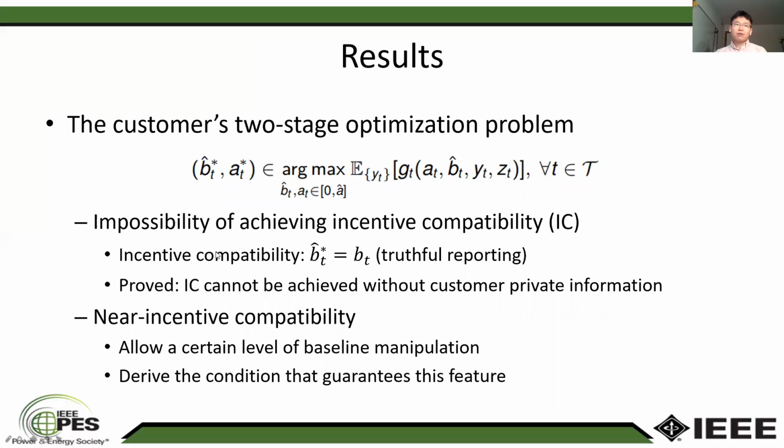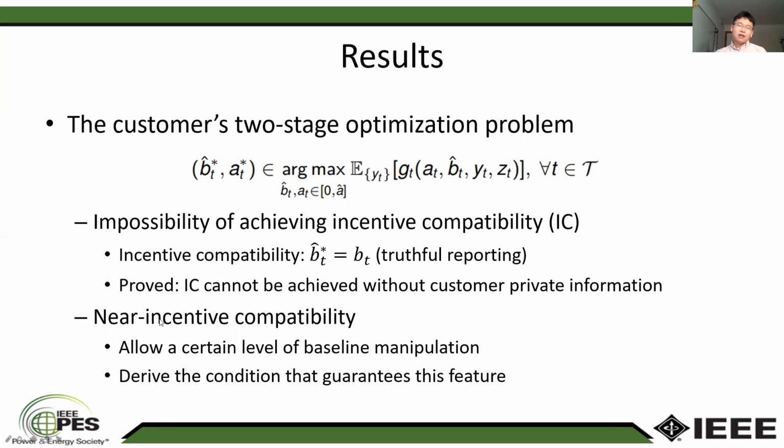In terms of the results, we first convert the customer's problem into a two-stage optimization problem, with the first stage to submit the report and the second to make the consumption. We first prove that the incentive compatibility cannot be achieved because the customer's private information is unavailable.